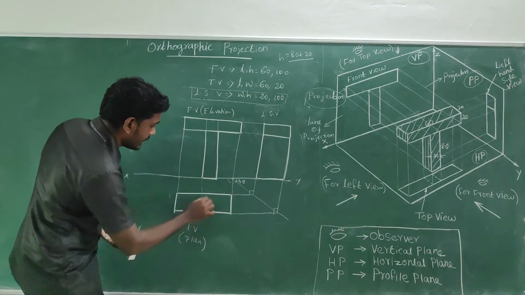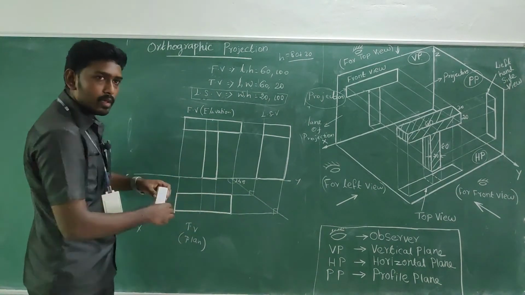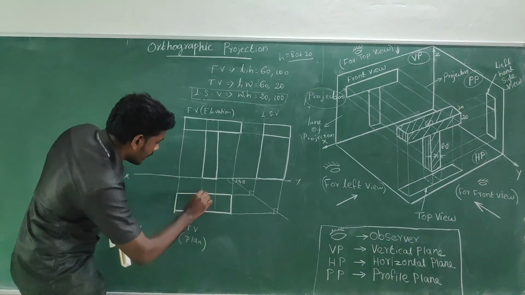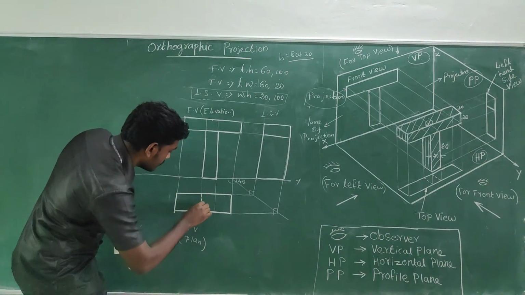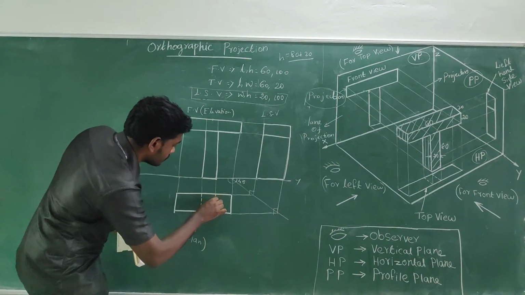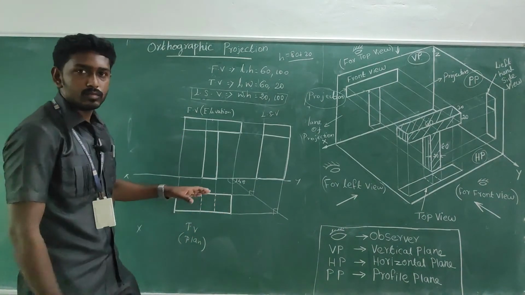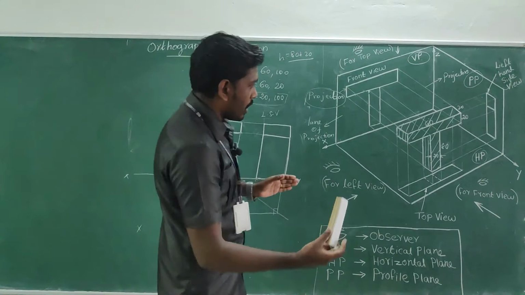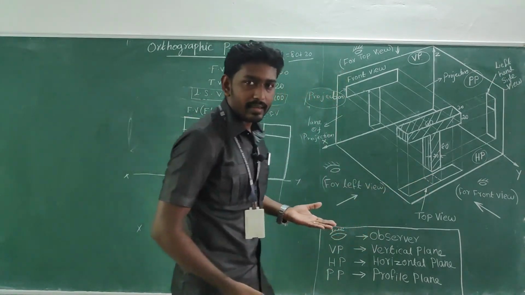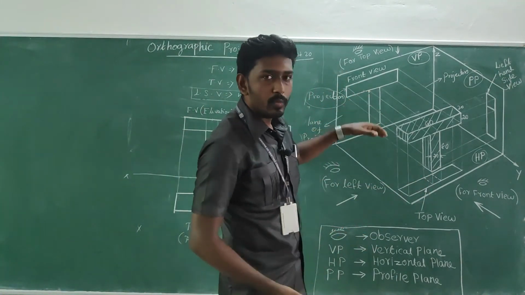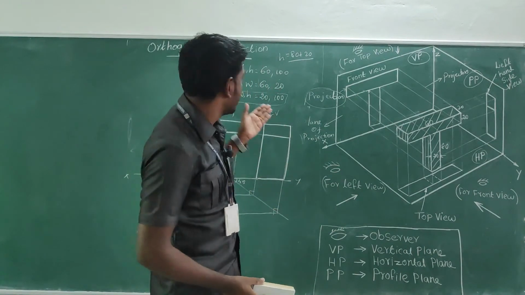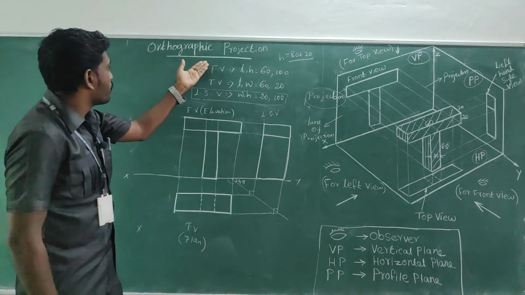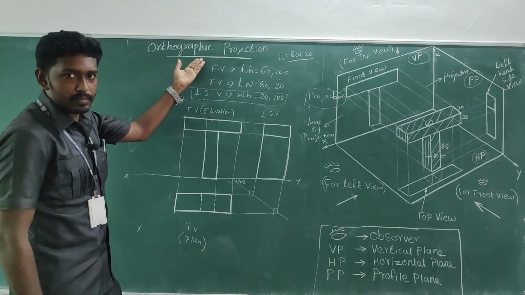For which we can take the projector from the front view and draw dotted lines like this. Okay, I hope you understood how we have to extract the front view, top view and the side view as per the technique of orthographic projection.